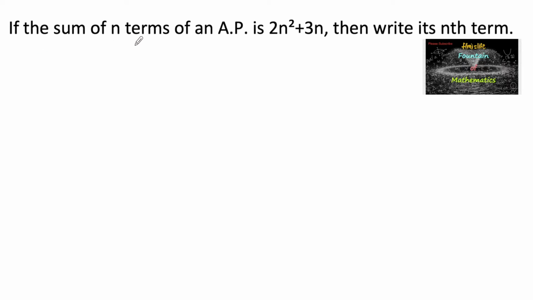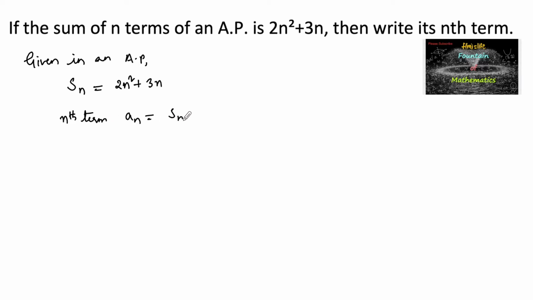If the sum of n terms of an AP (arithmetic progression) is 2n square plus 3n, then write its nth term. Given in an arithmetic progression AP, the sum of first n terms Sn is equal to 2n square plus 3n, and we know that the nth term an can be obtained by using the sums as Sn minus Sn minus 1.